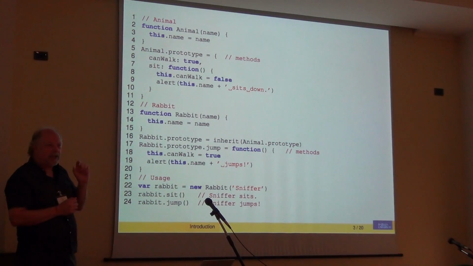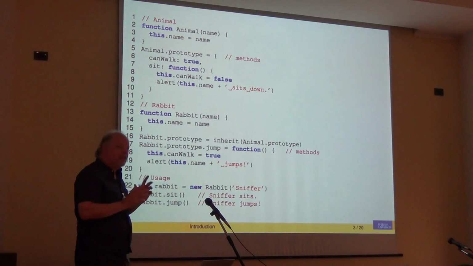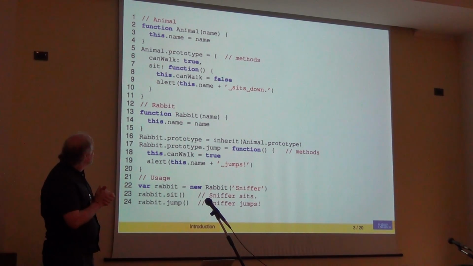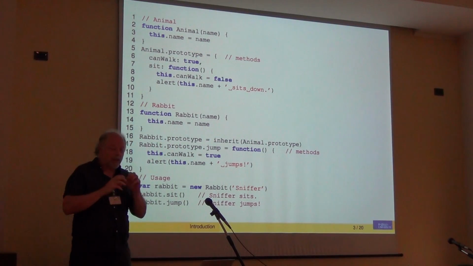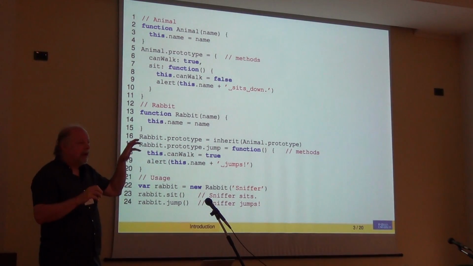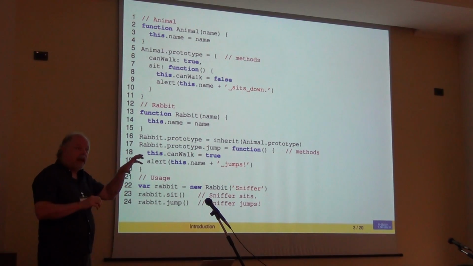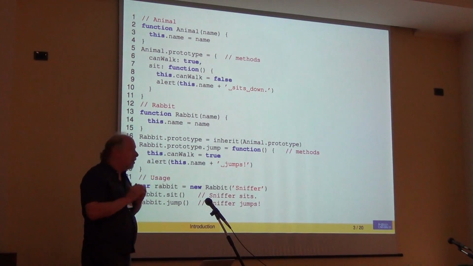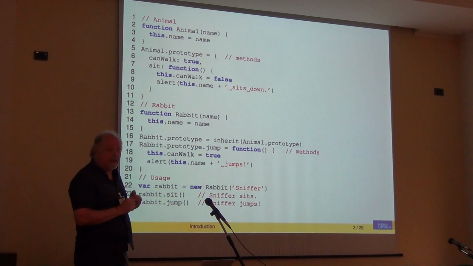This is a strange thing in JavaScript. It's almost like self, except a little bit different, which we'll get to in more detail later. When you do this new, it creates a new object. So JavaScript does have objects, but not classes. So it creates this new object, and it sets its prototype field, it's actually called __proto__, to point to the prototype field of the function.